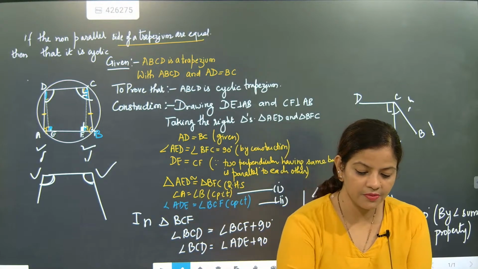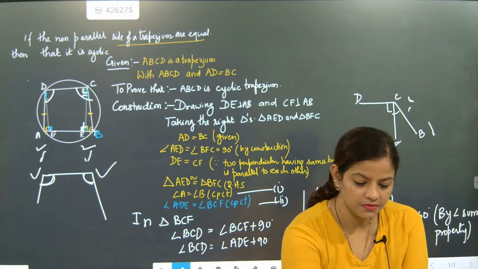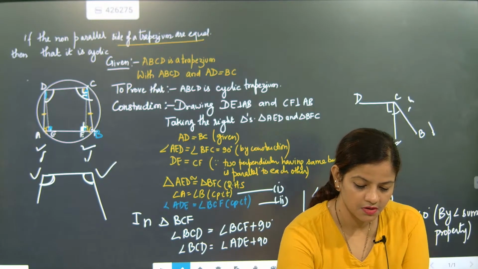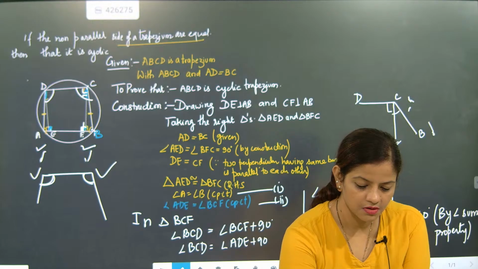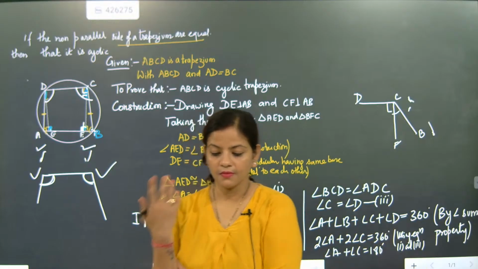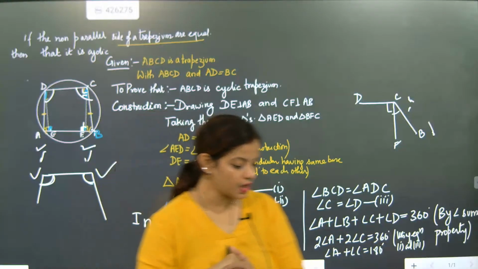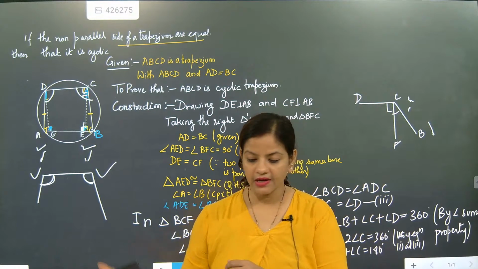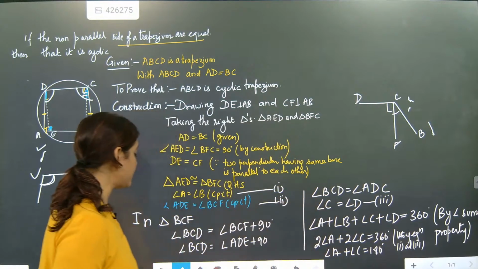Question is, look at it. A right triangle ABC is there.